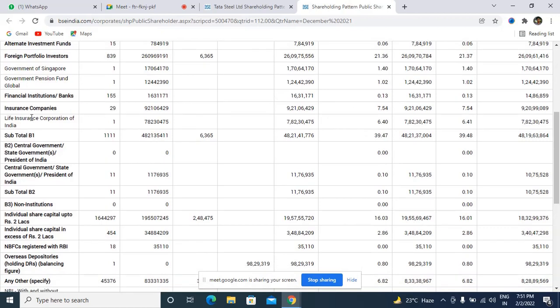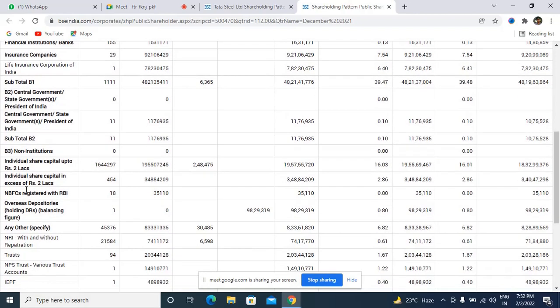And you can see LIC holds this much, 6.40% of shares of this company, Tata Steel. Then central government or state government, President of India, you can see holds nothing. Central government, state government, President of India, here it holds some stake. Subtotal of B2 is this.